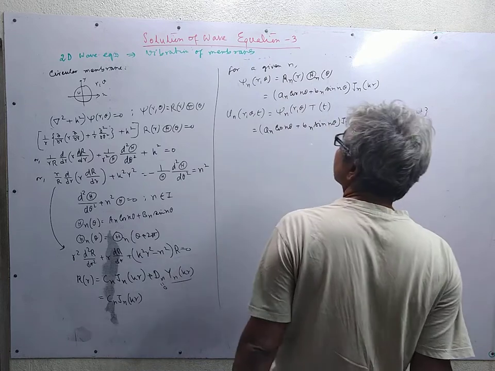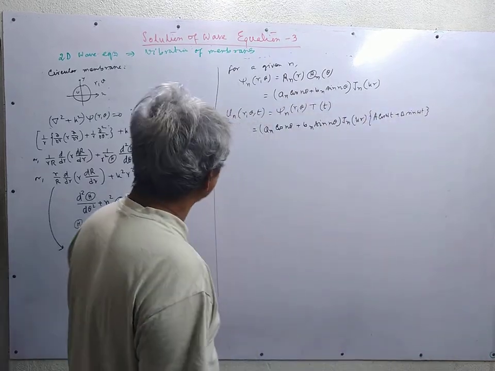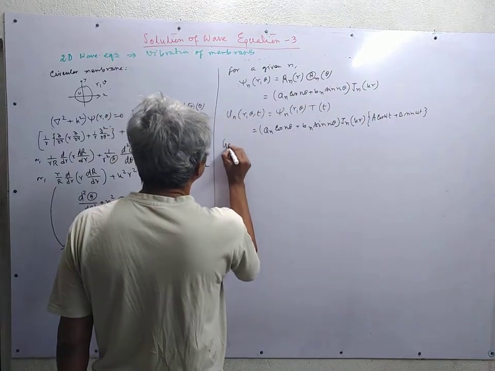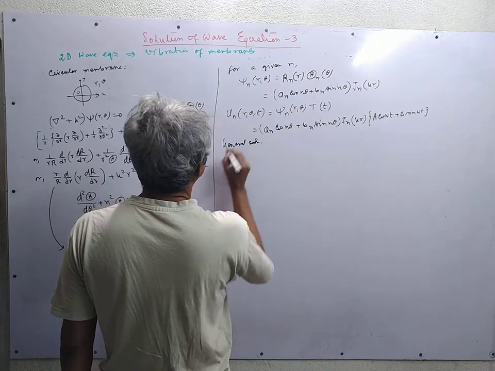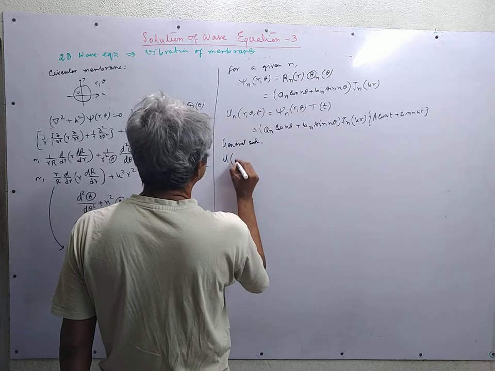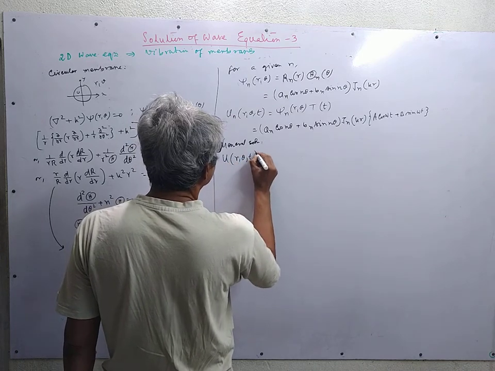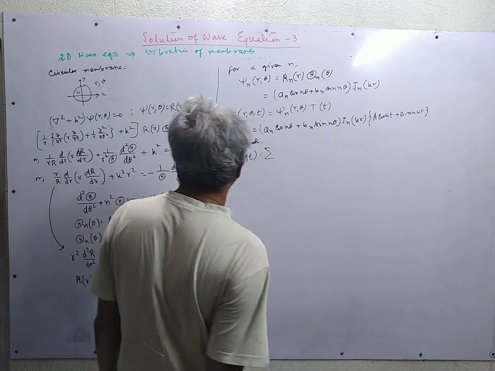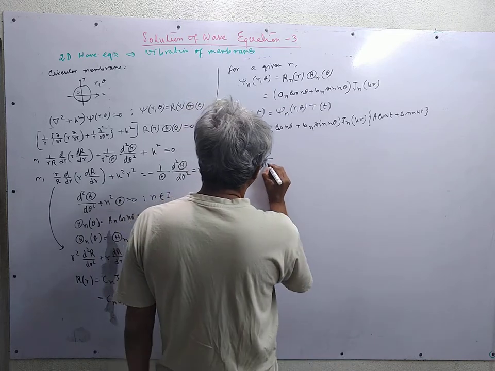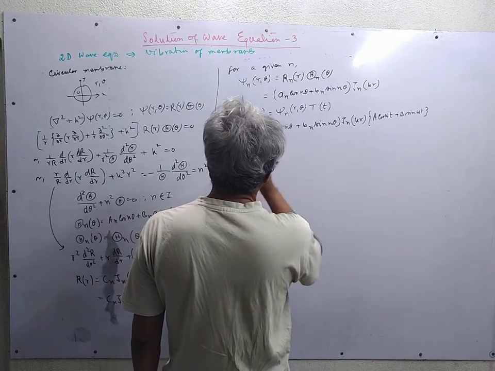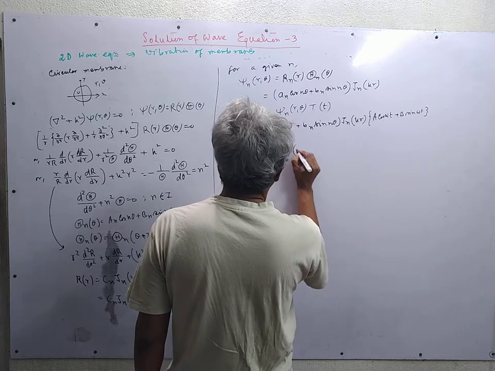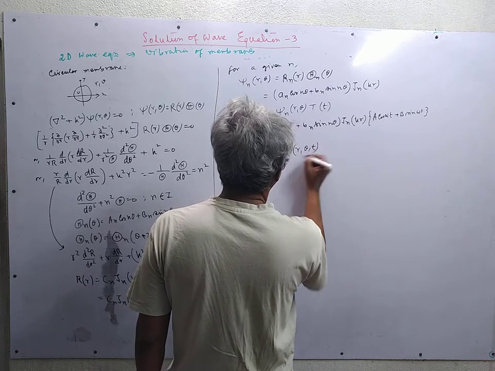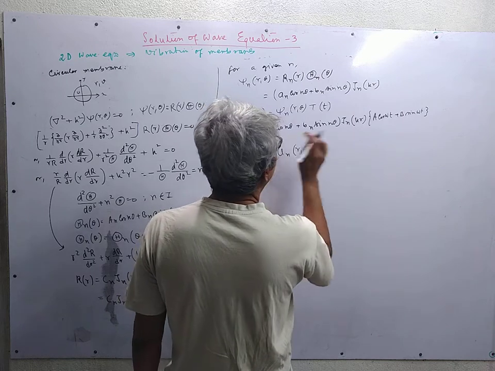This is the solution for a particular n, and the general solution is the superposition of all solutions: u(r,θ,t) = summation over n = 0 onwards, where n = 0 is included, of u_n(r,θ,t).